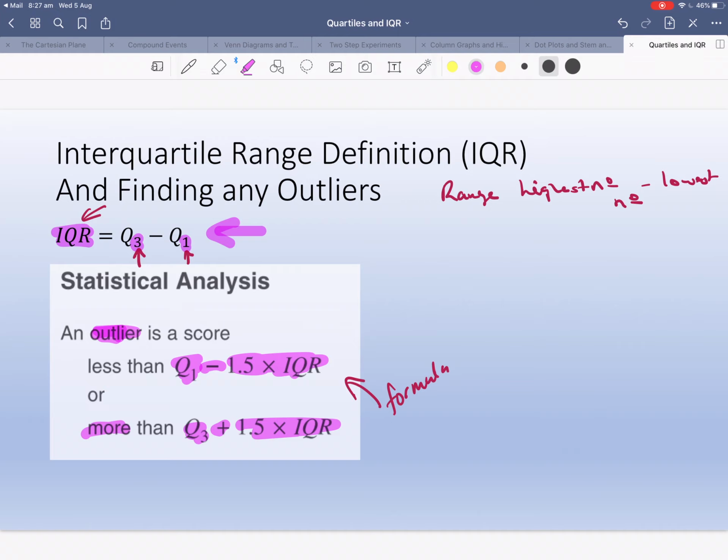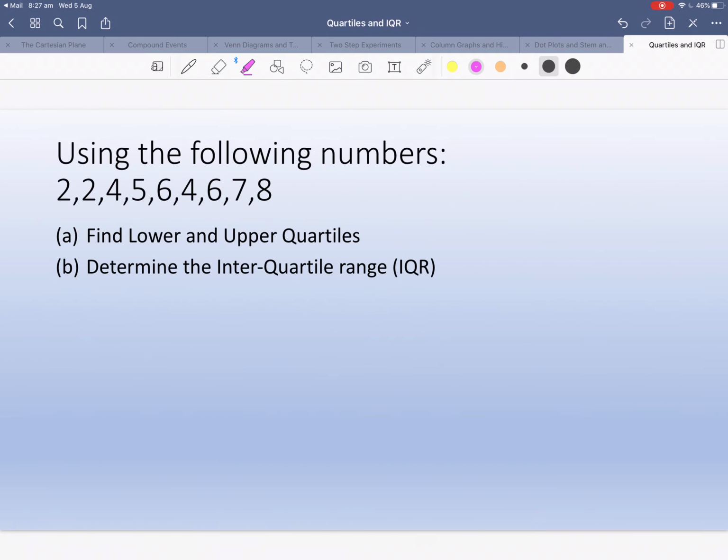Now this all just looks like a formula, so let's get into an example and see what it looks like. Okay, so what we need to do in this example is find the lower and upper quartiles. Now, the lower quartile has a name, and we've looked at it already, Q1. The upper quartile has a name, and it's called Q3.